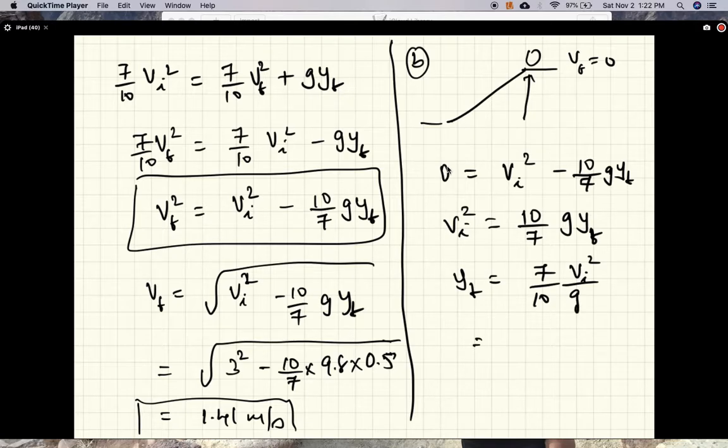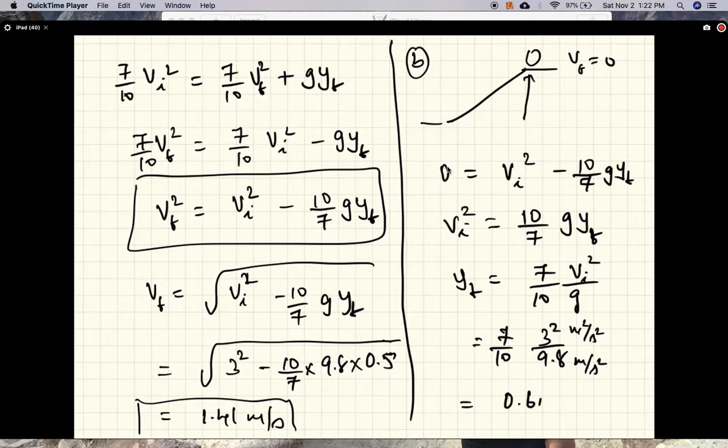All right, and so let's see, what does this work out to? 3 squared divided by 9.8 meters per second squared, times 7/10.